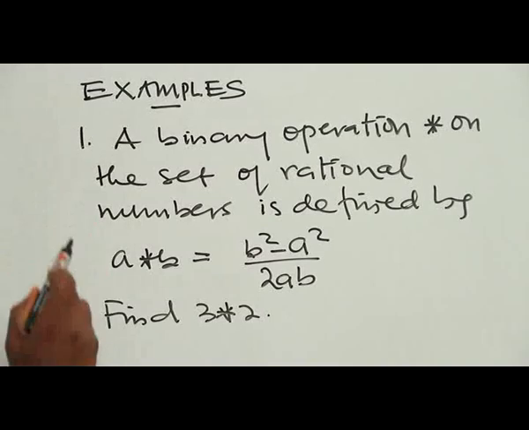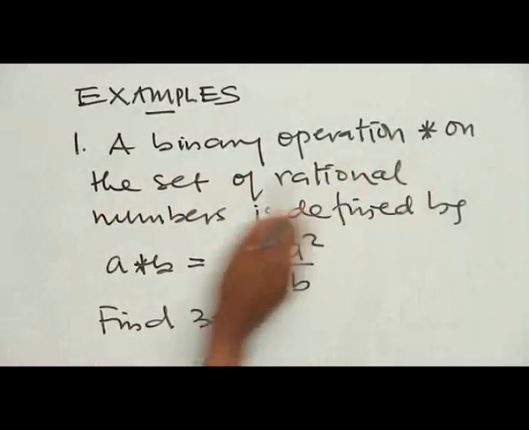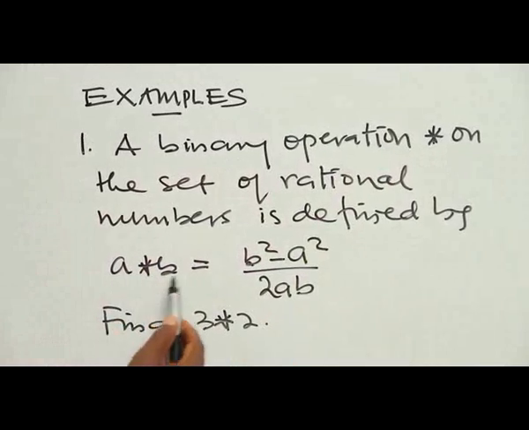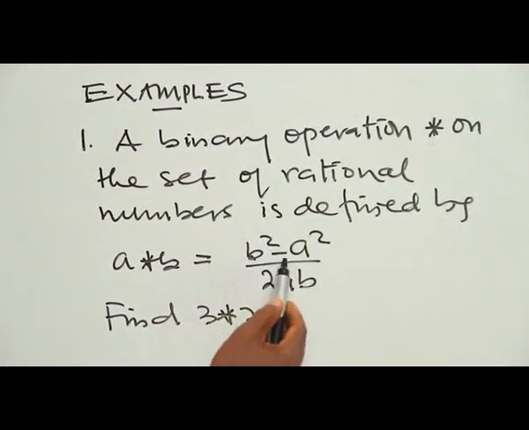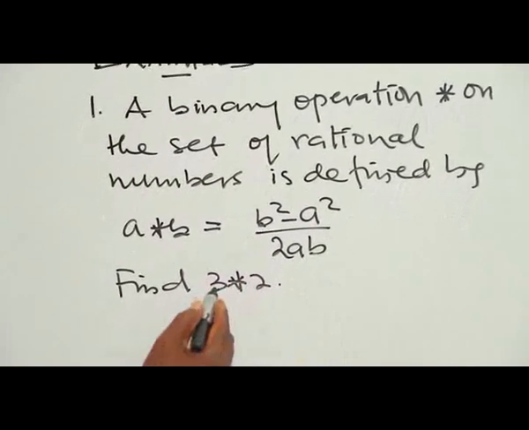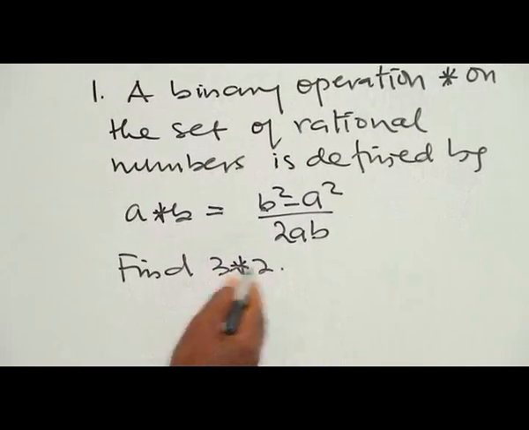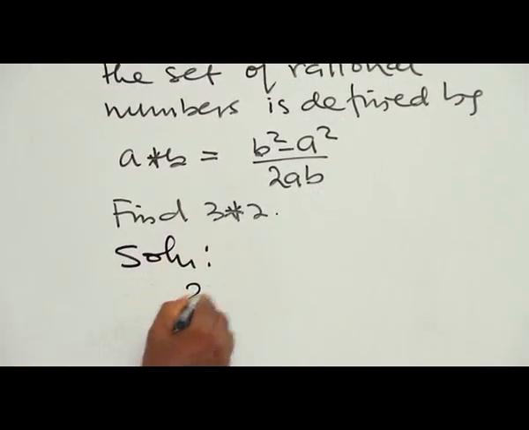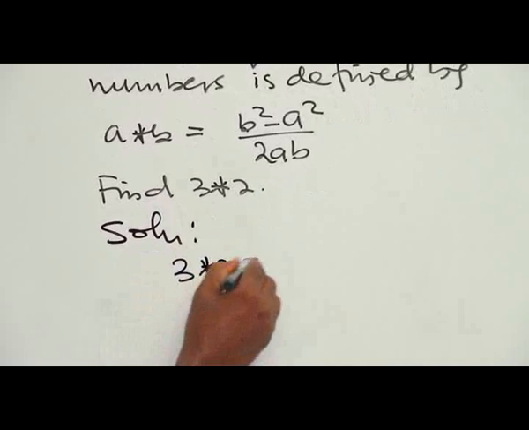Example 1. The binary operation star on the set of rational numbers is defined by A star B equal to B squared minus A squared all over 2AB. Find 3 operated on 2. Solution. We have 3 operated on 2.